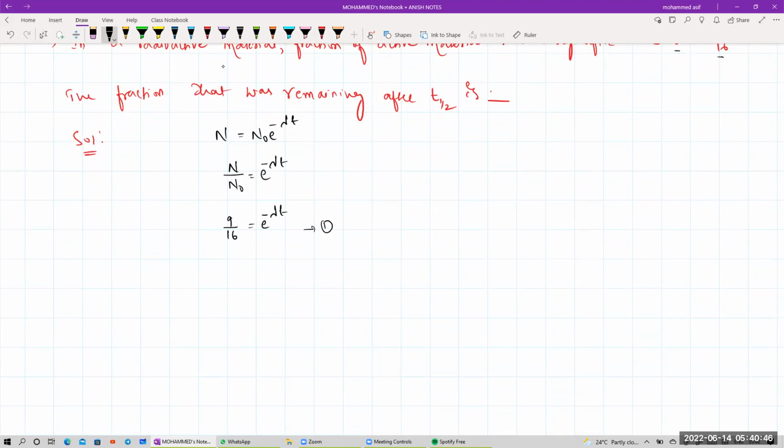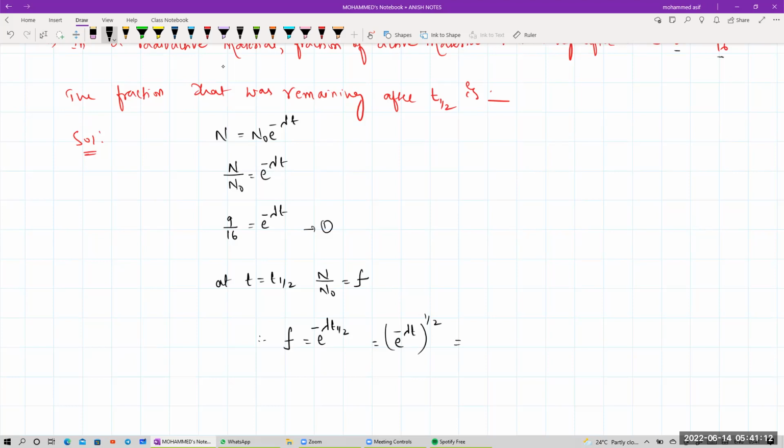Done beta. Then what is asked? At time t equal to t half, N by N naught की value कितनी? That I am taking as some fraction f. So that fraction will be equal to exponential to the power of minus lambda into t half, यानी इसको मैं कैसे लिख सकता हूँ? E to the power of minus lambda t, whole to the power of half. ठीक है ना?